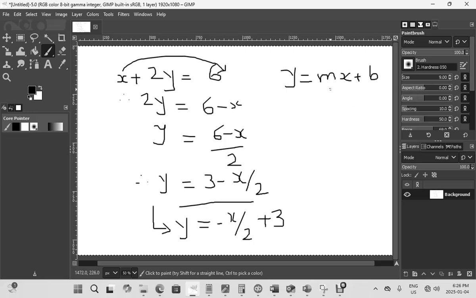Now to graph linear equations, what you'll need to do is sub in the x value to get your y values.